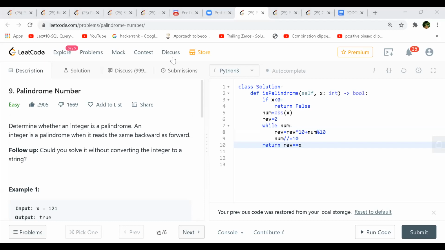A character array is simply a primitive data type, so it will not have extra overhead. But when we are using a string object, it has extra overhead.